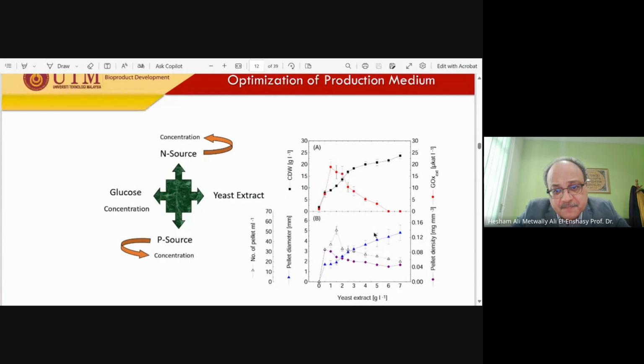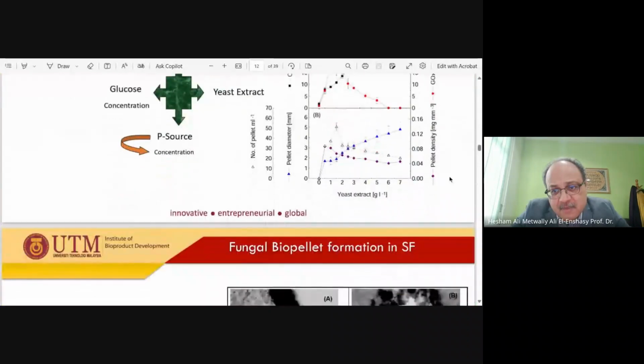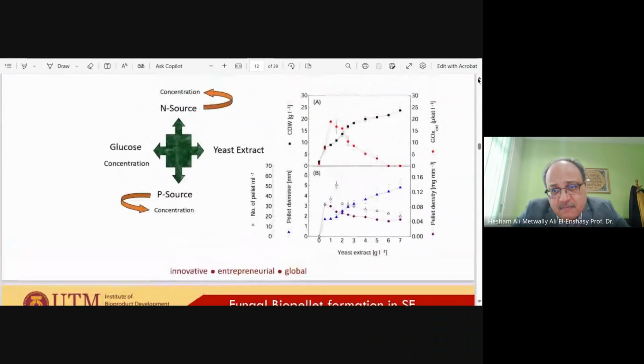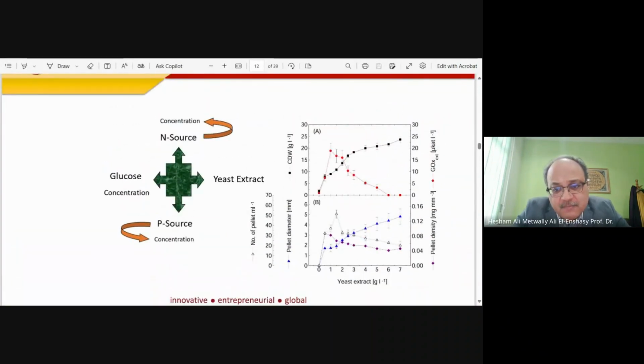Here, the yield of excreted glucose oxidase, as extracellular product, is about 20 microkatal per liter, from the early experiment when we used just 1 gram per liter of yeast extract.